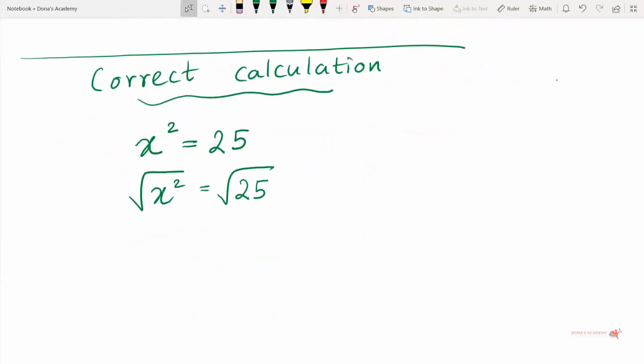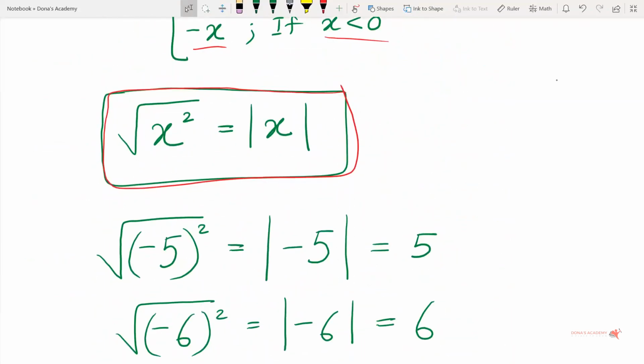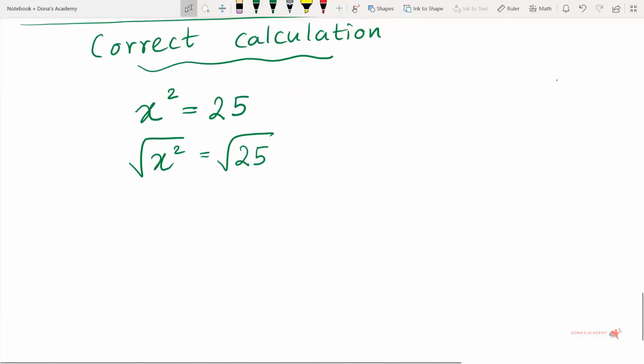Now, what can we say about the left hand side? Left hand side is equal to absolute x. So let's replace the left hand side by absolute x. How about the right hand side? We know that it is positive 5. This is the gap, right? This is the step missing in this calculation.